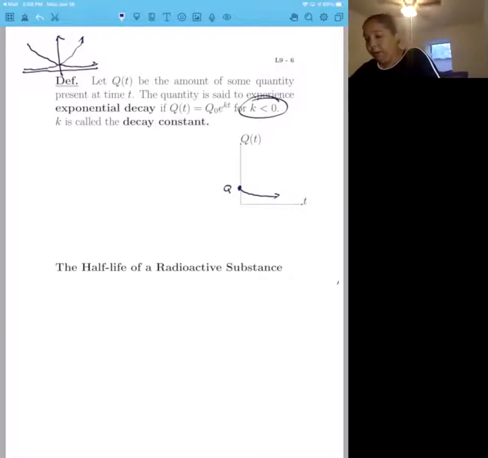All right, now, the other thing that we want to talk about is the half-life. All right, so the half-life is going to be the amount of time for it to be half the population, or the amount of time that it takes for 1/2 of the original amount to decompose. Let's write that definition.